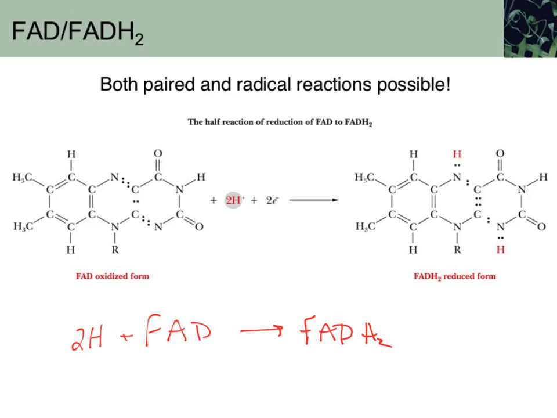Common form again would be H+. But if that was the case, what would the charge be on our product side? Positive 2. It's not positive. It's FADH2. So what does that mean had to happen? I also needed 2 electrons.